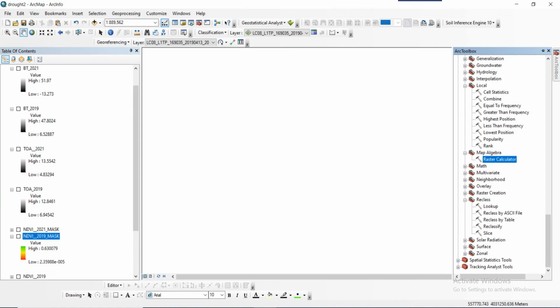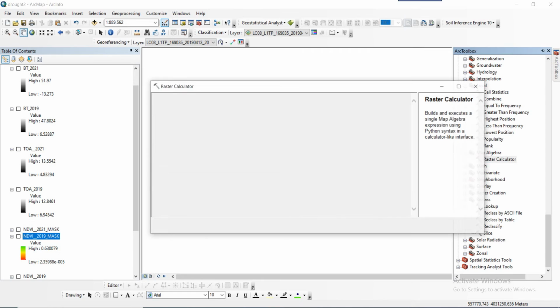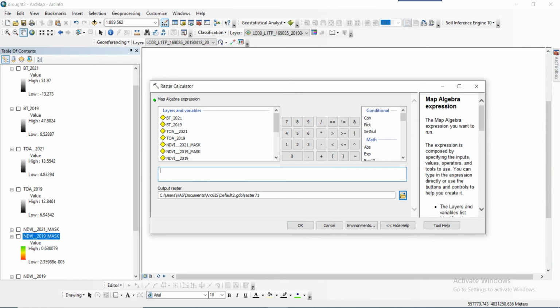So we go to the raster calculator, and we have a square, another bracket. At this point we have NDVI itself and NDVI with mask.